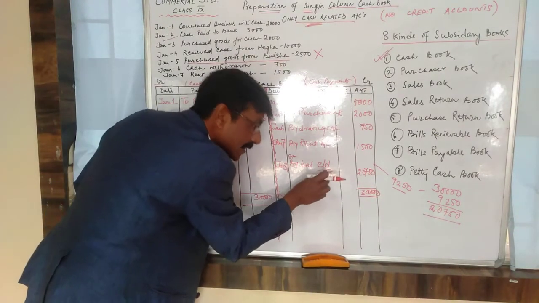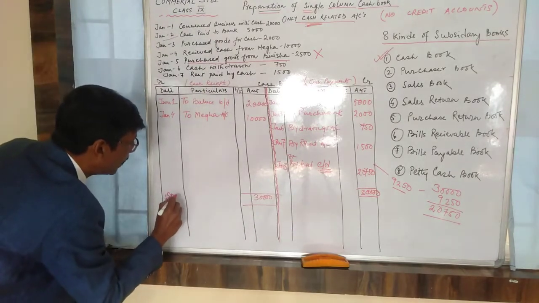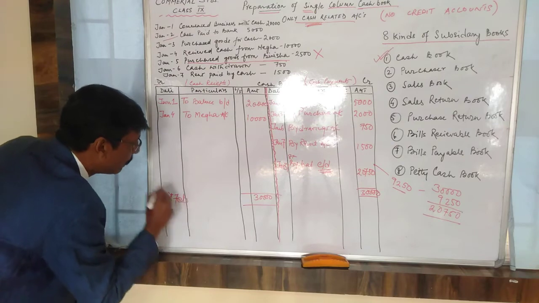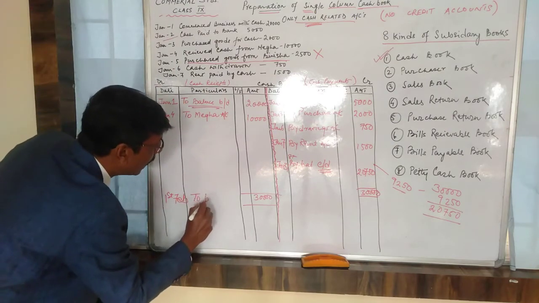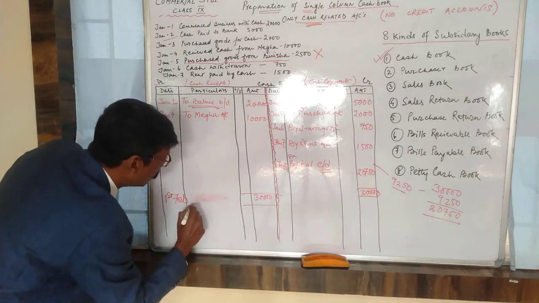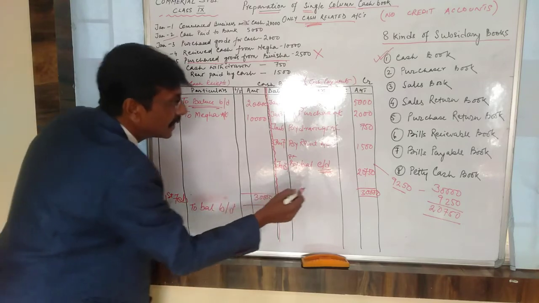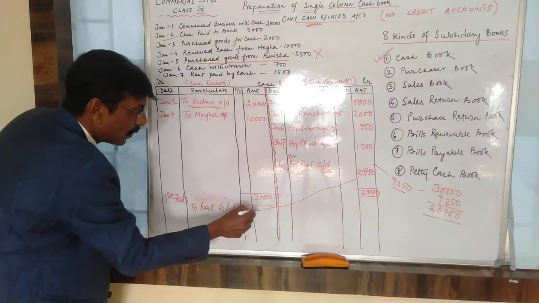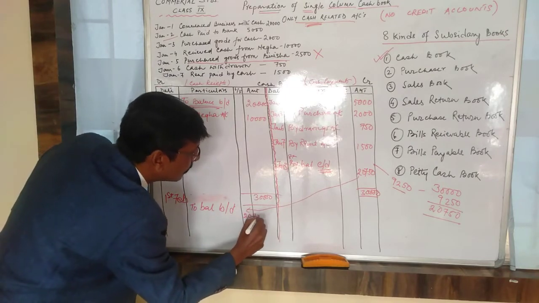Now this balance which is carried down, on 1st of February it will be "To balance brought down". Which balance? This balance will be brought down here. So how much? 20,750.